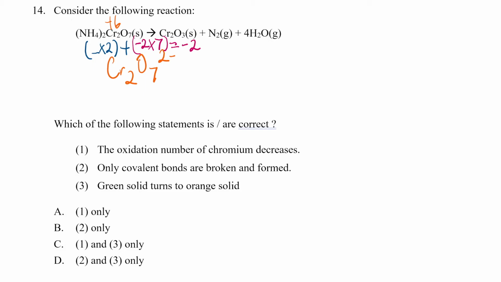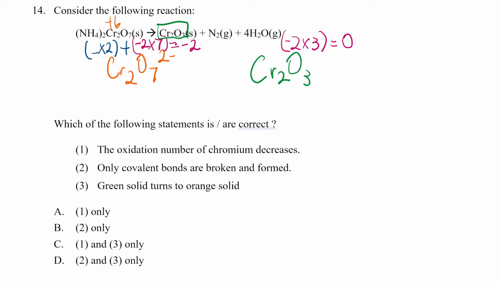Now on the right-hand side, I'm going to bring this down here, which is Cr2O3. Same thing. I'm going to start off with the more electronegative atom. Actually, there's only one, so you're going to start off with that anyway. Here again, because it's oxygen, the oxidation number is -2, and there are 3 oxygen atoms here. There's no overall charge here, so it should be equal to 0 for any compound or element.